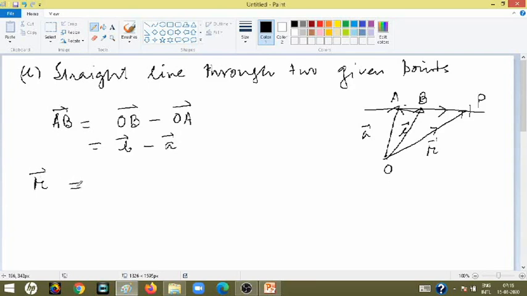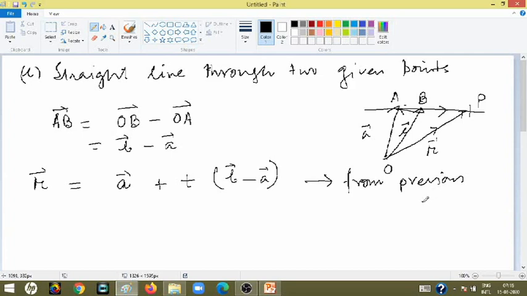R can be denoted as vector A plus some scalar t times B minus A, as per my previous example.